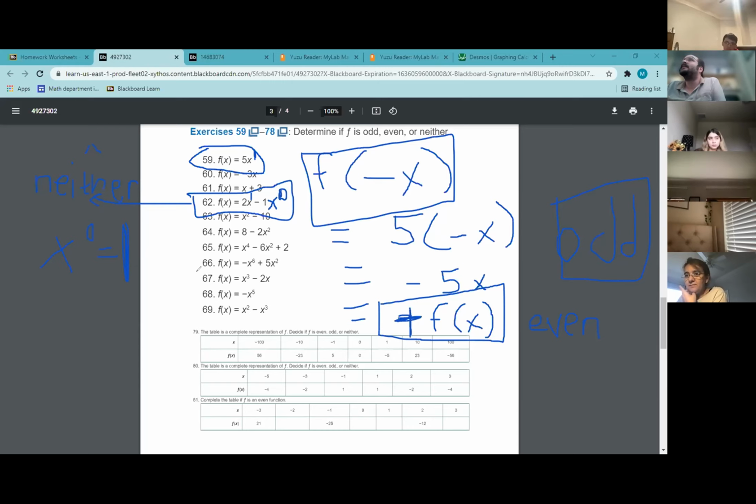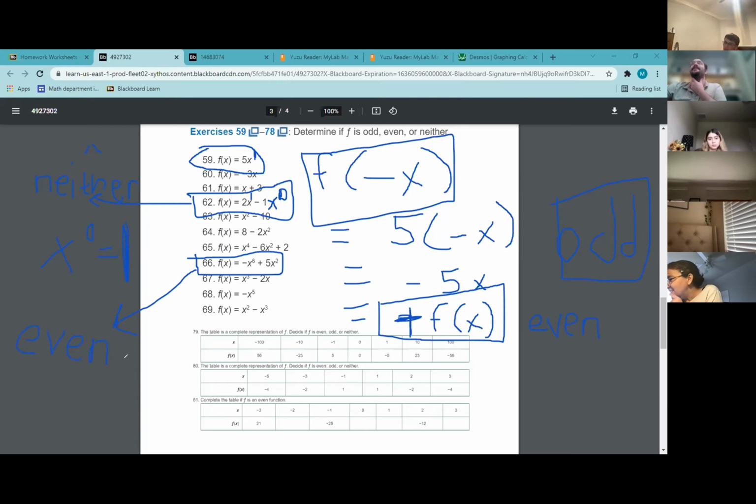If I look at something like, we didn't do 66, but can you guess what this one would be? Neither. It's a 6 and a 2. And 6 and 2 are both what? Even. So this one should be even.